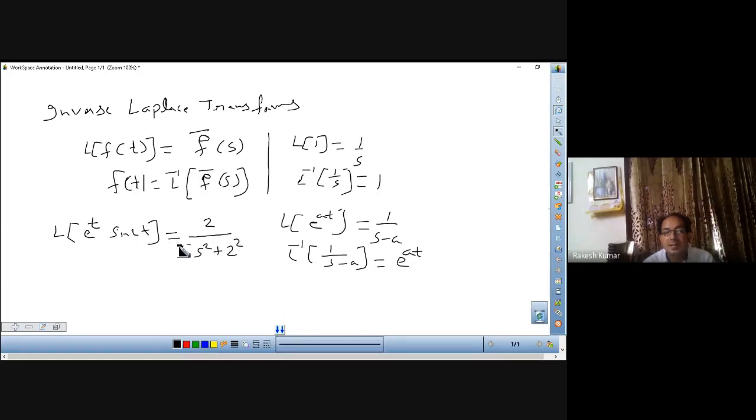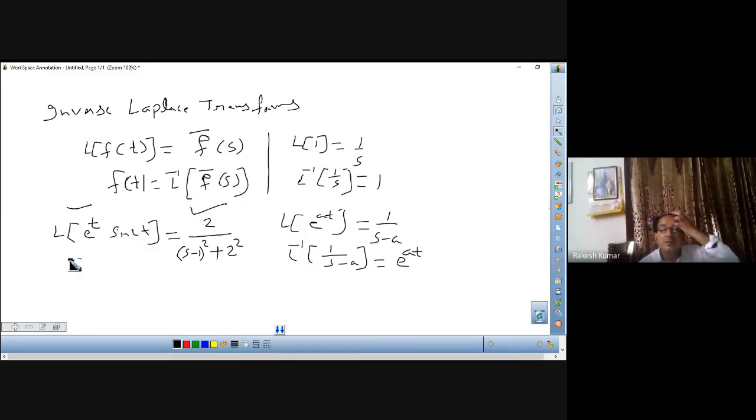This is the Laplace, but the exponential function is multiplied. And what is the coefficient of t? 1. It means in place of s, we can write s minus a. So in place of s, we shall write s minus 1 here. This is s minus 1 square plus 2 square.